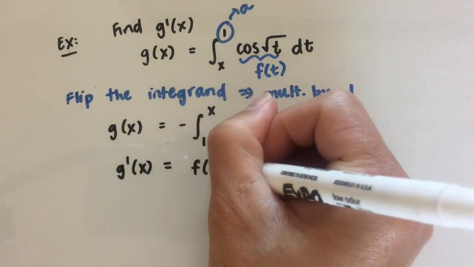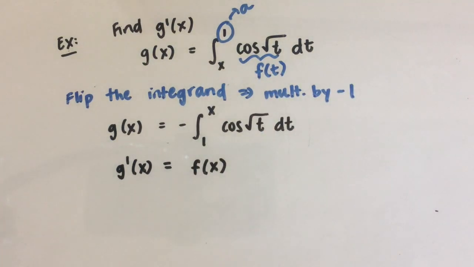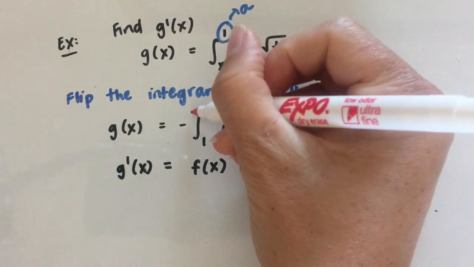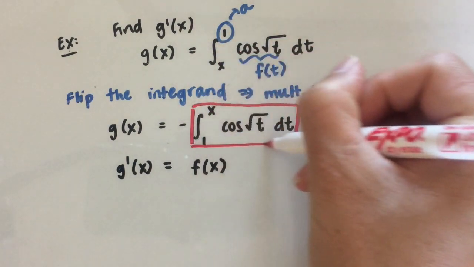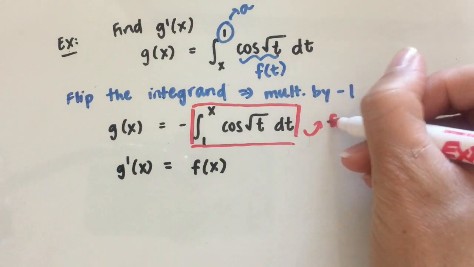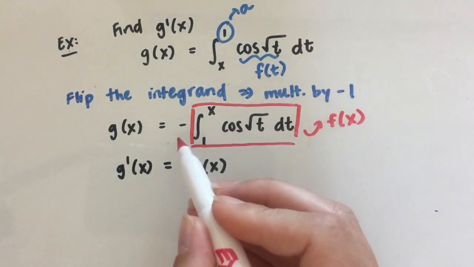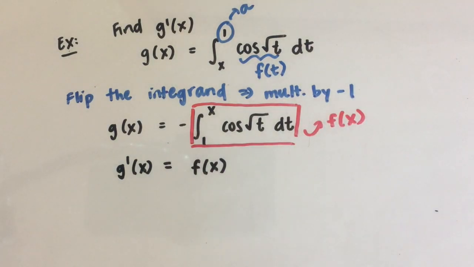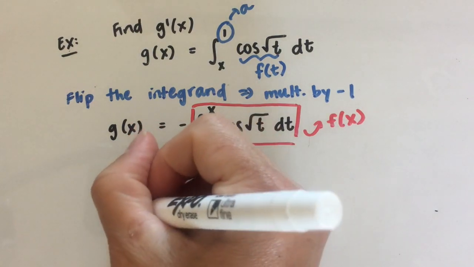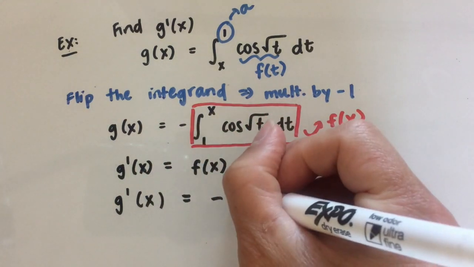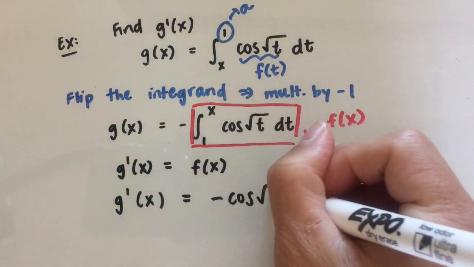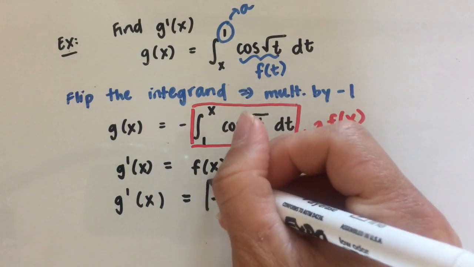And so our g prime of x will equal f of x. But since we have a negative in the front, it'll equal negative f of x. And for our f of x, we'll plug in x where we see t. So our final answer is g prime of x equals negative cosine of the square root of x.